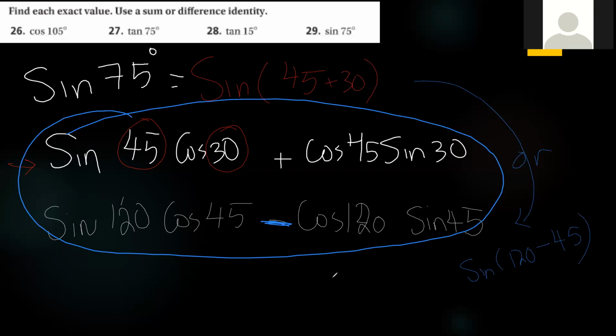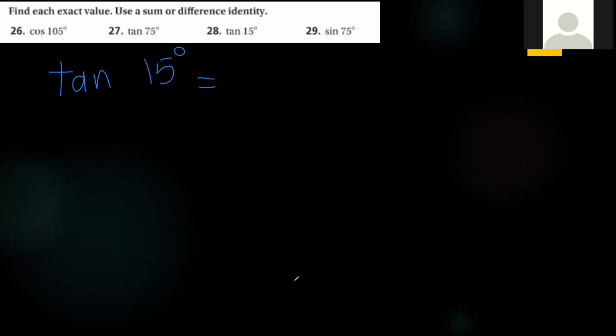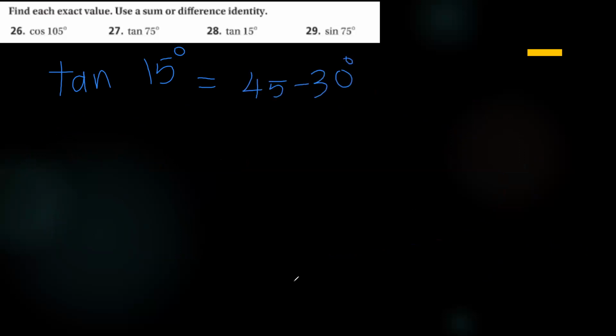Okay, teacher. Okay. Fine. Now, tan of 15. How did you solve it? 45 minus 30. I think we talked about 15, 105, 75.